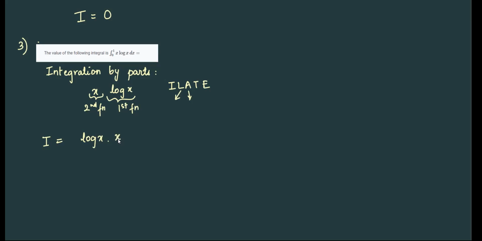Integral of x is x square upon 2, from 0 to 1, minus integral 0 to 1 derivative of the first function, derivative of log x is 1 upon x, into integral of the second, x square by 2 dx.